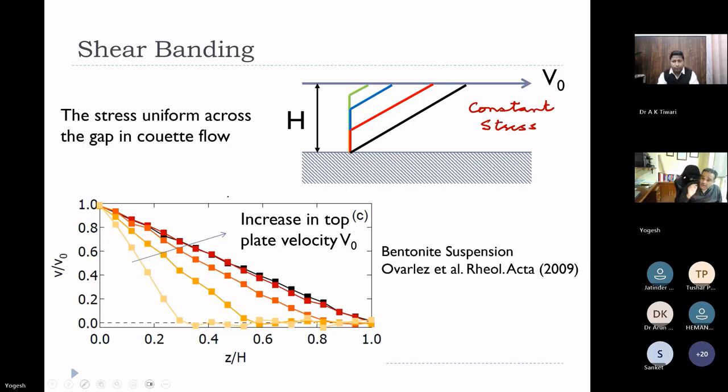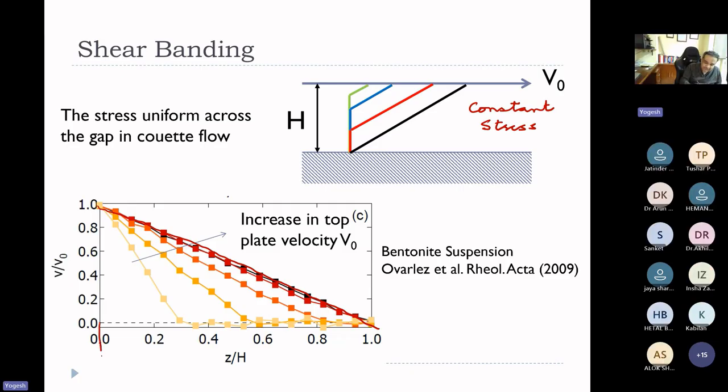All right. What is typically observed in this particular case is that if you have sufficiently high shear rate, all right, the system shows a completely homogeneous profile. However, if you keep on reducing the shear rate, then the system bifurcates into two regions.